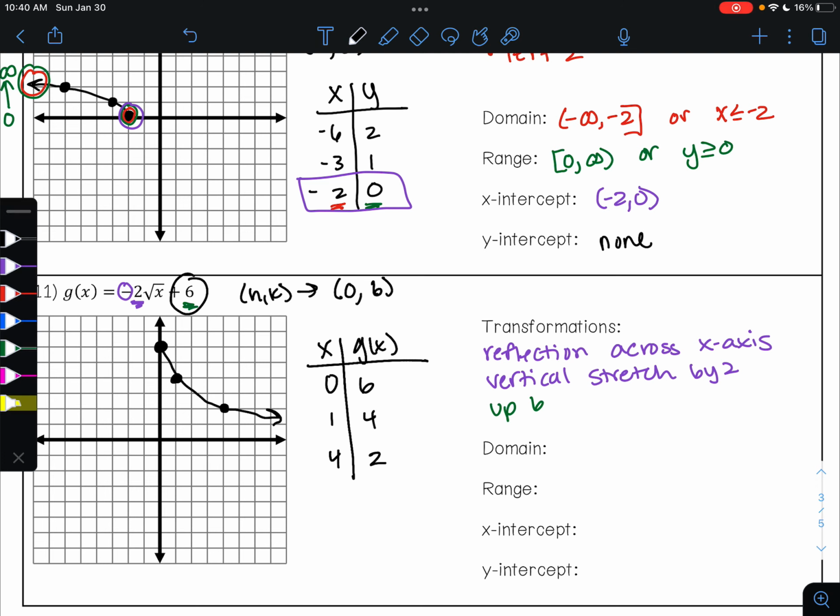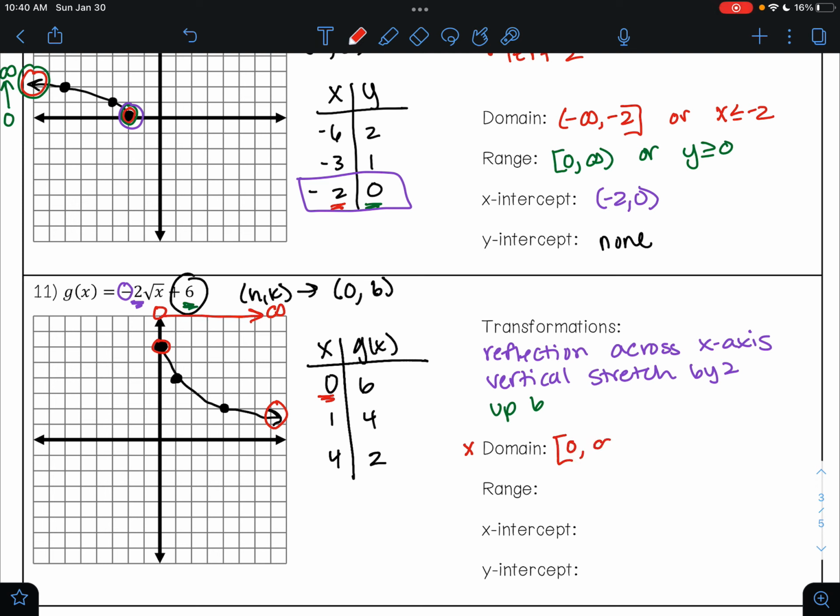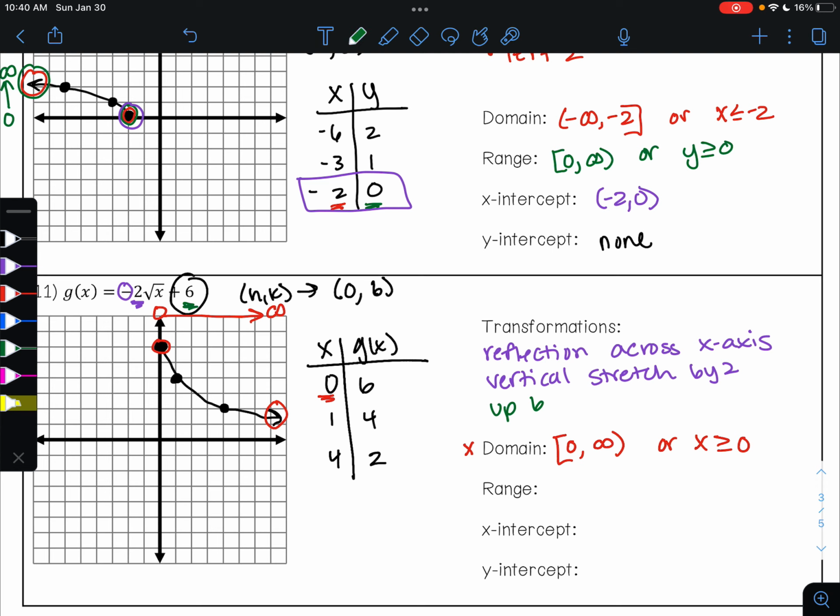Your domain are your x values from left to right. My furthest point to the left is this point right here. This is where x is 0. My graph is going to the right forever, so that's going to infinity. So my domain from left to right is from 0 to infinity, or we could say x is greater than or equal to 0. My range is my y values from the bottom of my graph to the top of my graph.